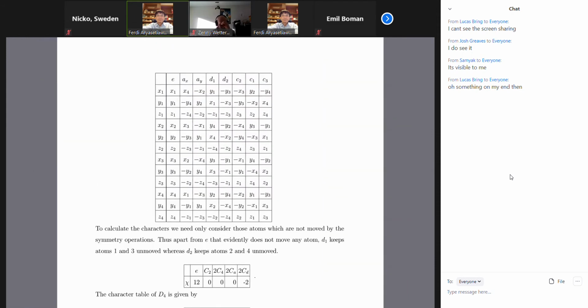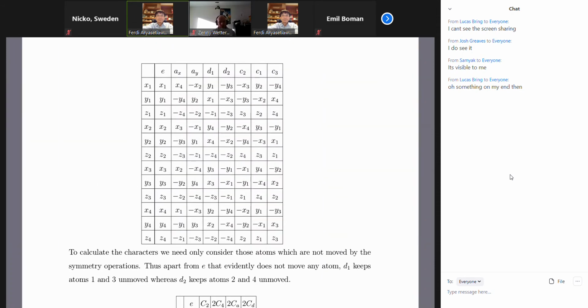So I have this list of functions here. These are the bases. So this is the basis here. I have the 12 basis functions centered at the 1, 2, 3, and 4 atoms.